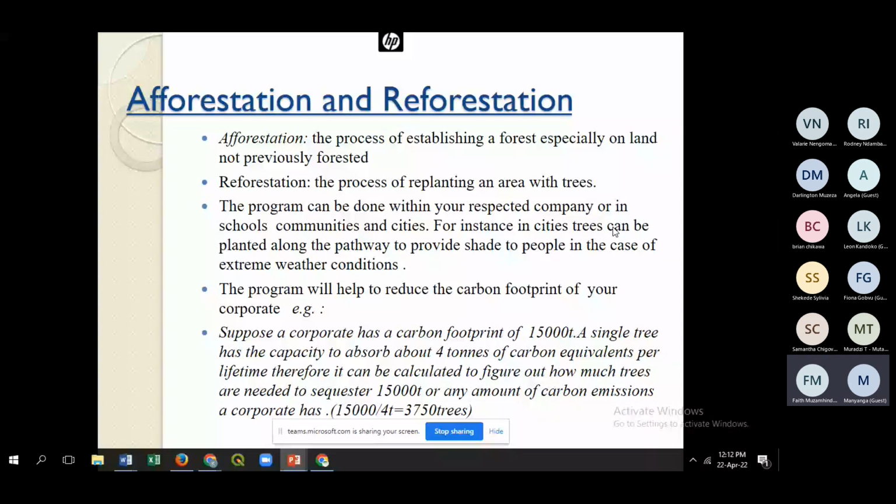But the catch beyond that is not just offsetting your carbon footprint annually. There is the potential for your investment to earn carbon credits, which is a catch for many corporates, those who are for-profit corporates. It is critical for us to tap into carbon finance because there are huge opportunities.